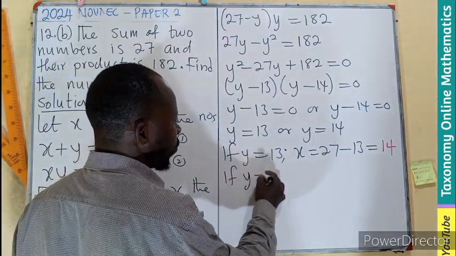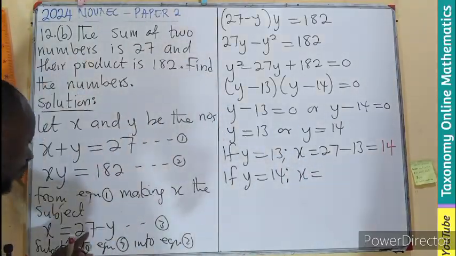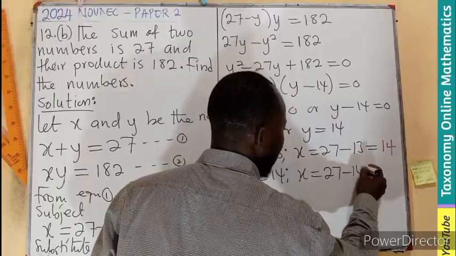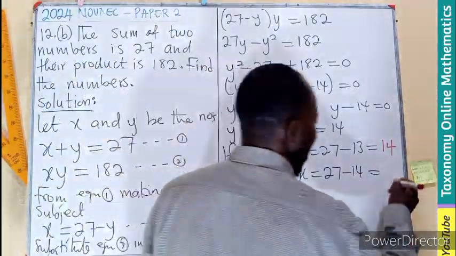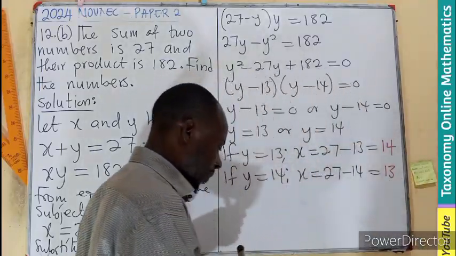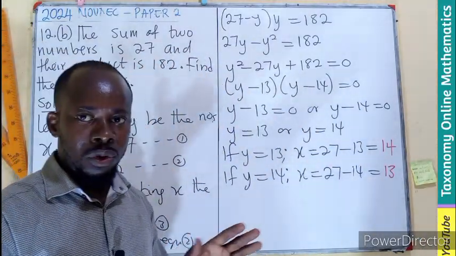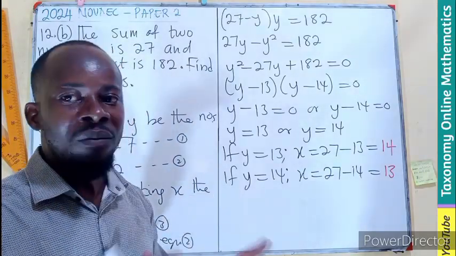Then if y also moves to 14, let's see what the value will be. We still have 27 minus y, which is 14, and that gives rise to another number, which is going to be 13. So if you check, we are looking for two numbers. We will not know whether the first number is smaller than the second number or vice versa.